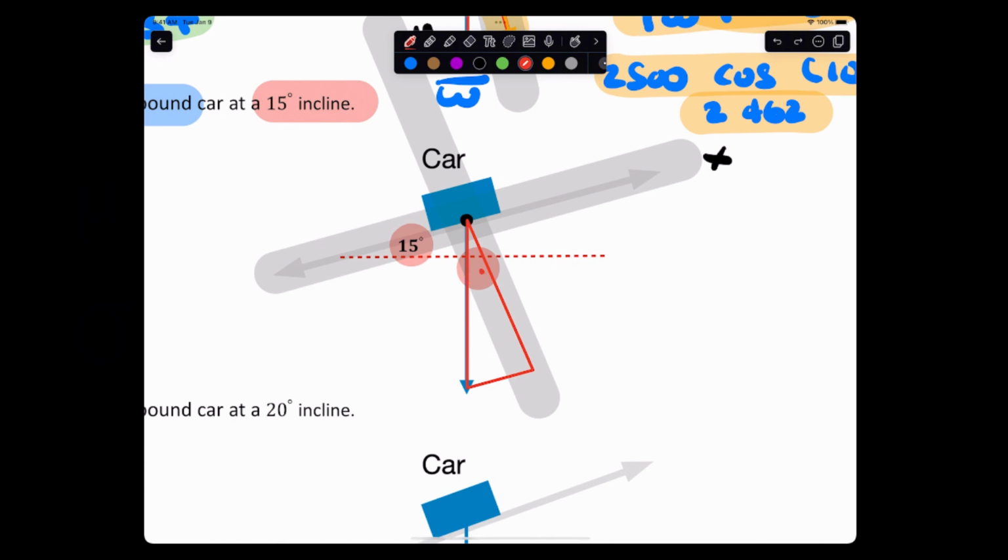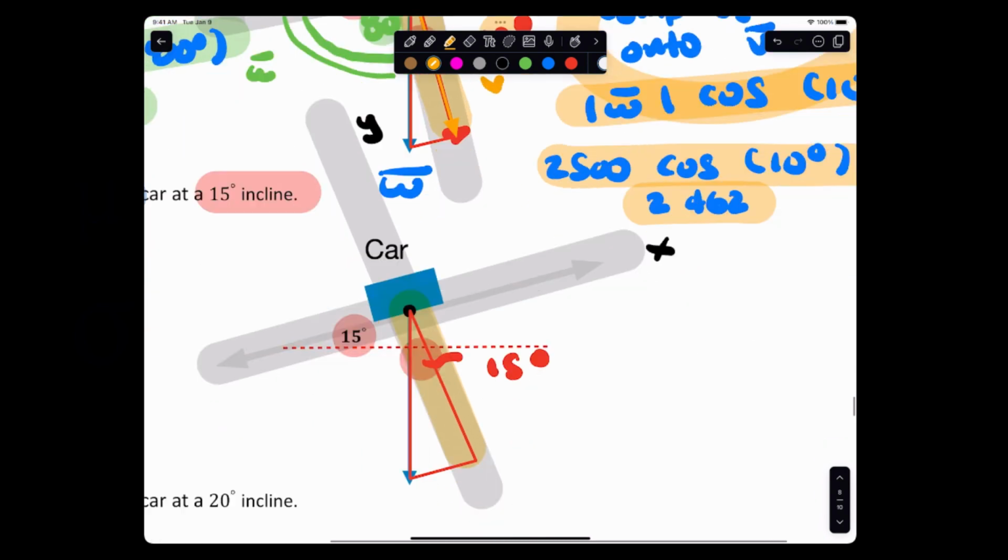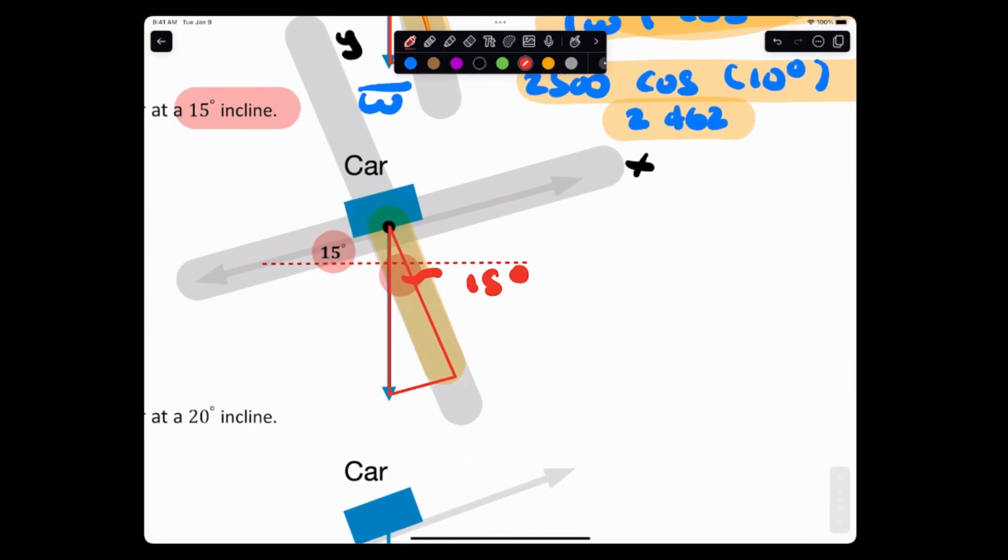And again, I'm going to just draw this line so I can put 15 degrees. What that means, though, is I'm going to have the component of W onto V. We're calling that V over here. There's a V vector. And the component of W, because this is W, onto what?